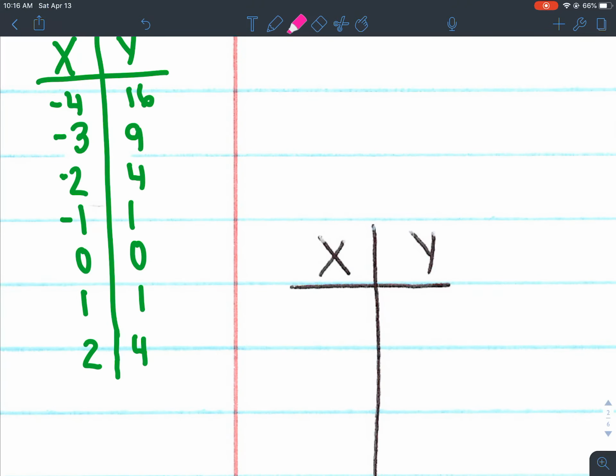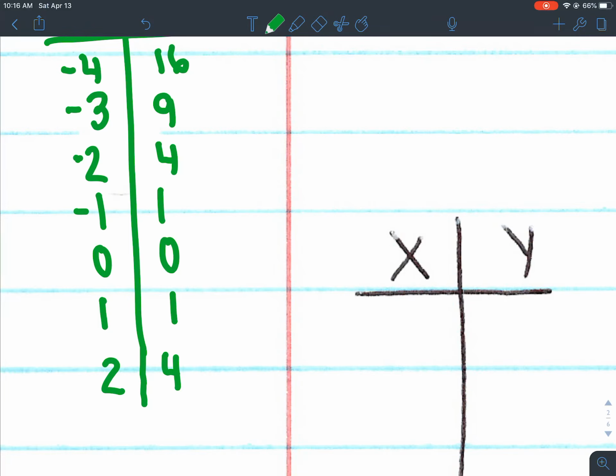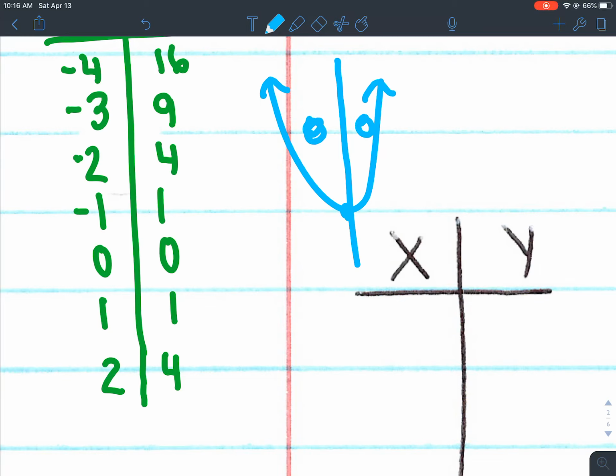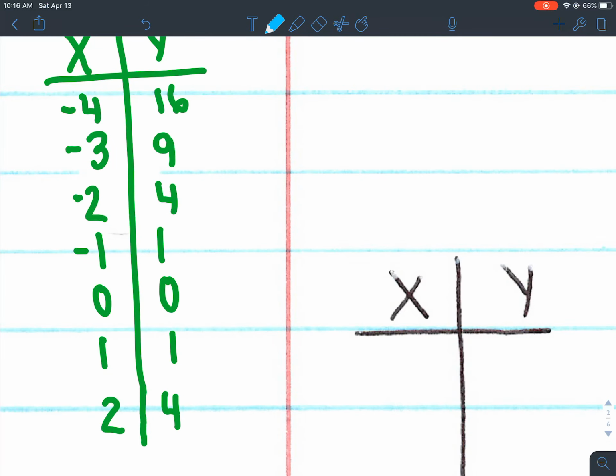All right, so here's how you determine how you fill out this table, okay? If you look at a parabola, it looks like this. And what you notice is, remember that axis of symmetry means that this side and this side are exactly the same, okay? So they should have the same exact y values on both sides.